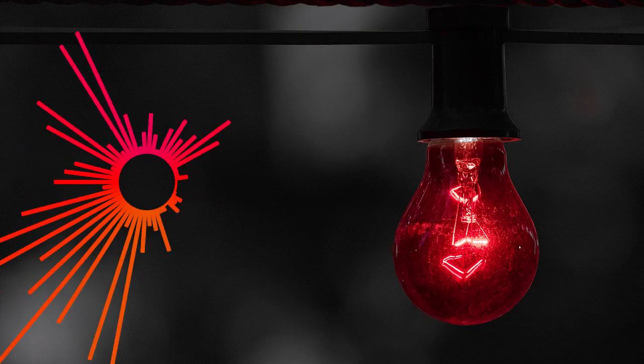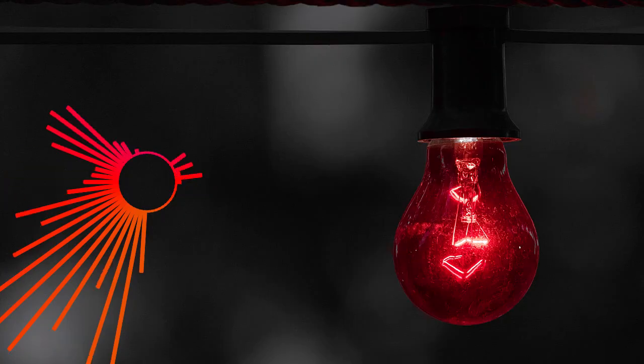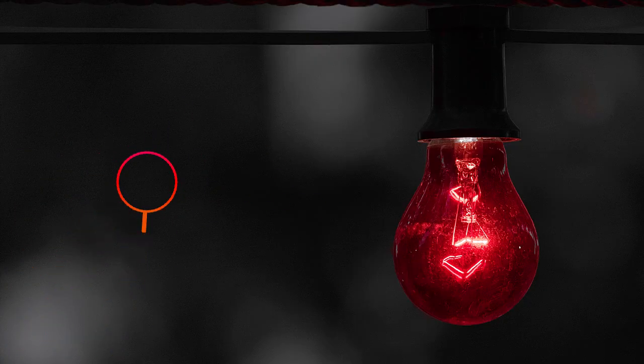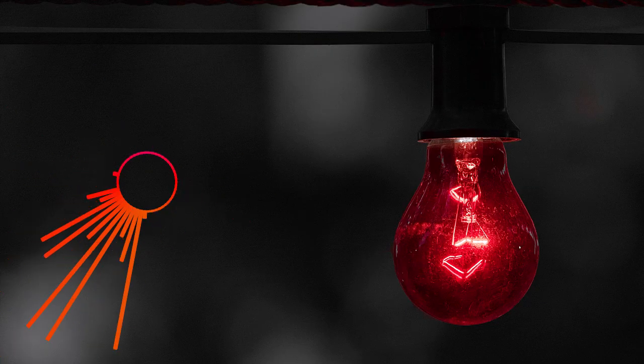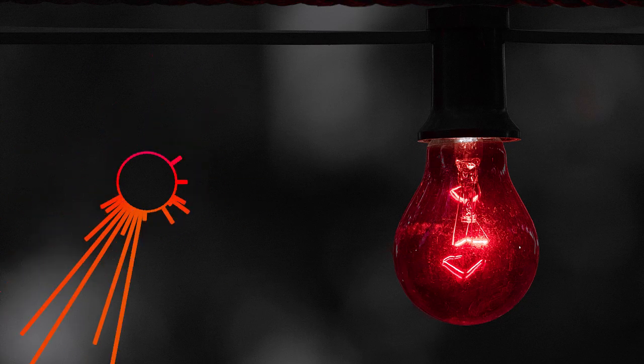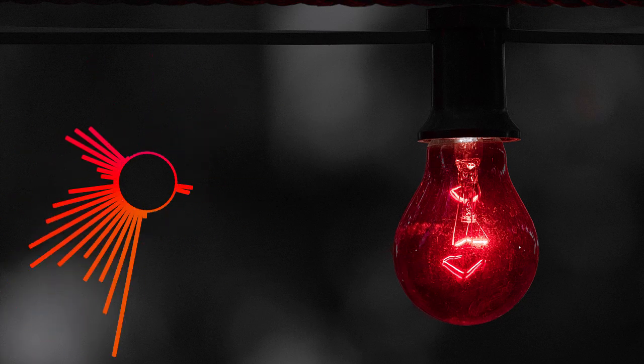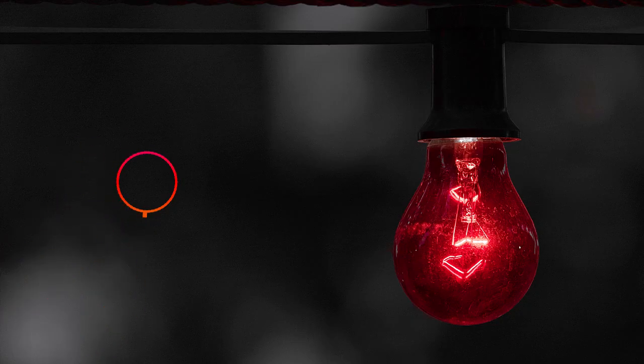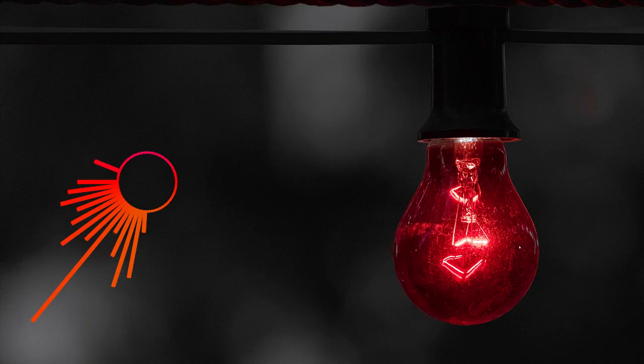CRI, color rendering index, how well it shows colors. Color consistency, how close the light color is across multiple fixtures. Rated life, how long the LED is expected to last in hours. Light distribution, is the light focused, diffused, or spread out? This depends on the optic or reflector used.